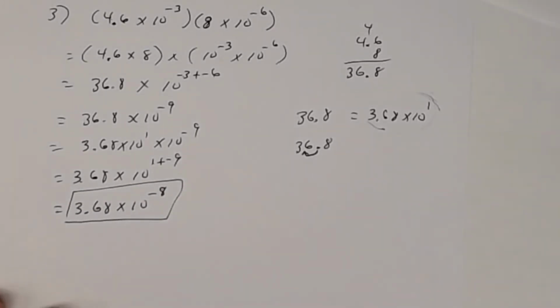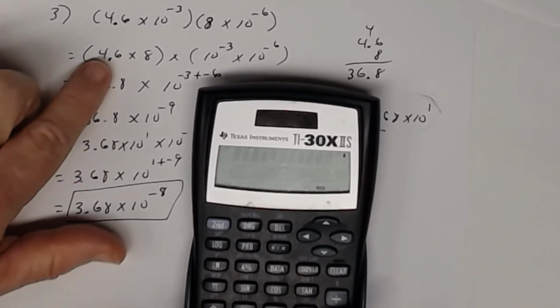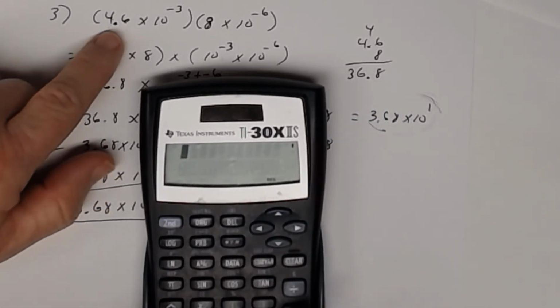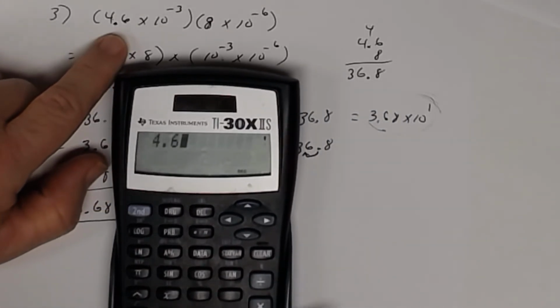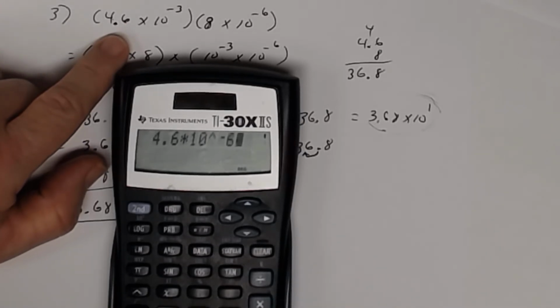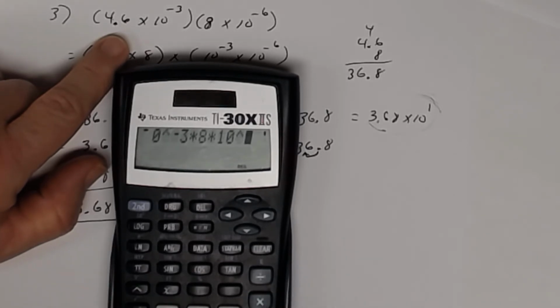Again, let's check this real quickly. Remember, this is your work, so if you're asked to show the work, you've got to show all this now. So 4.6 times 10 to the negative third, times 8 times 10 to the negative 6.